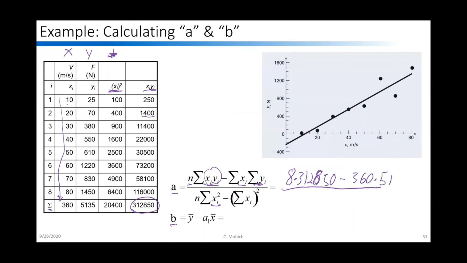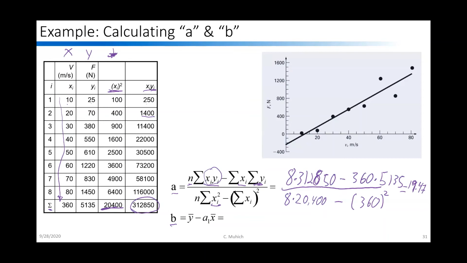That's 5,135 all over n times the sum of x squared. The sum of x squared is 20,400 minus the sum of x squared. Well, the sum of x is 360, and I square that. So if I put this all together, this gives me 19.47, and then some additional decimal points.